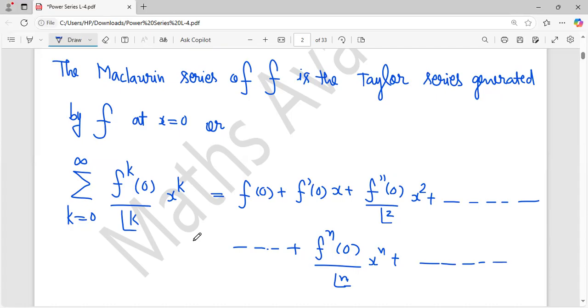So this is the formula of Maclaurin series generated by f.